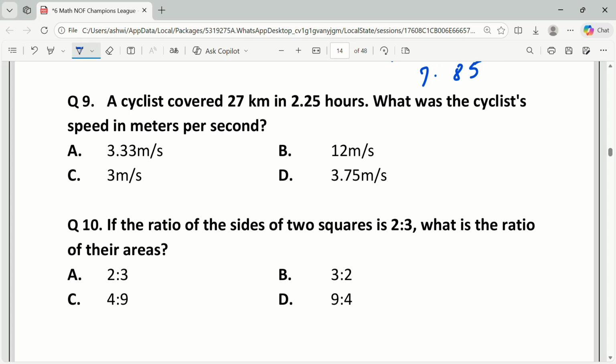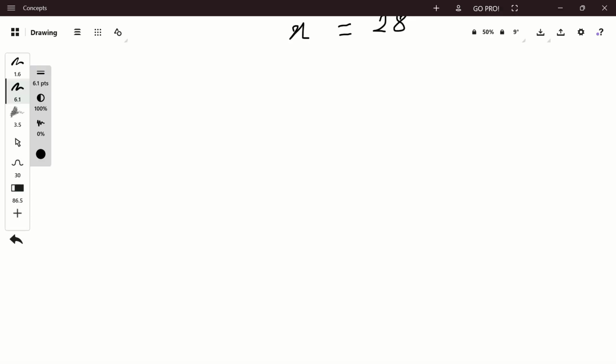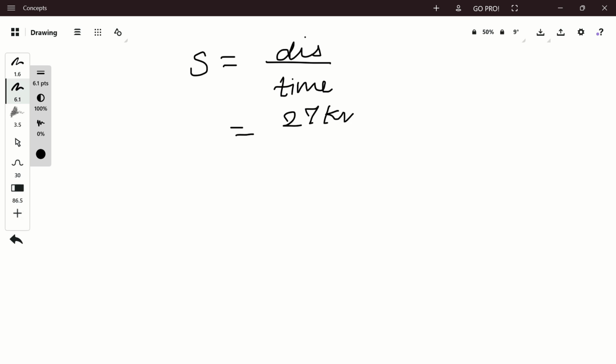Question number 9. A cyclist covered 27 kilometers in 2.25 hours. What was the cyclist's speed in meter per second? Speed is calculated as distance divided by time. That is, speed is equal to distance upon time. That is 27 kilometers upon 2.25 hours.